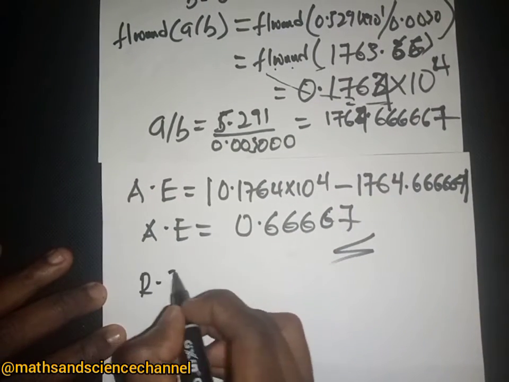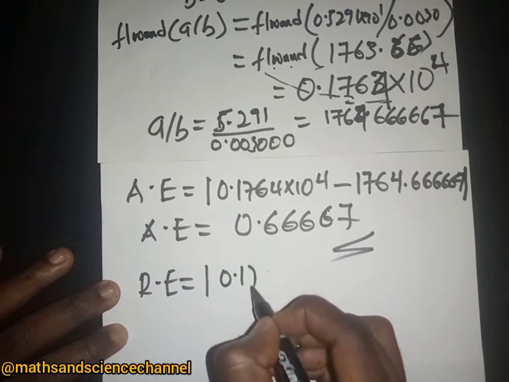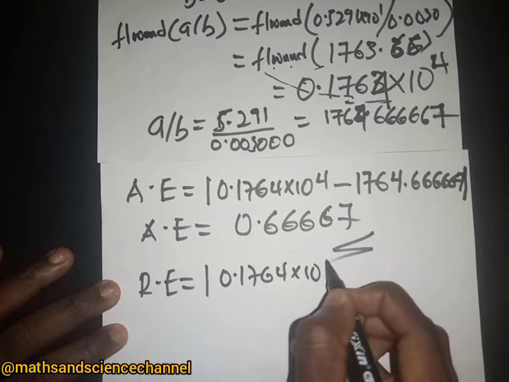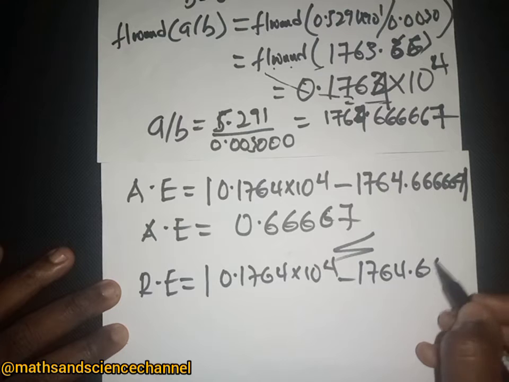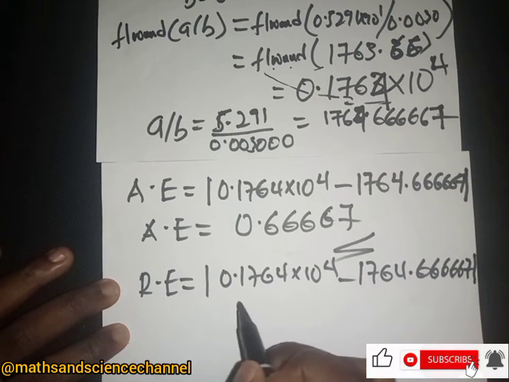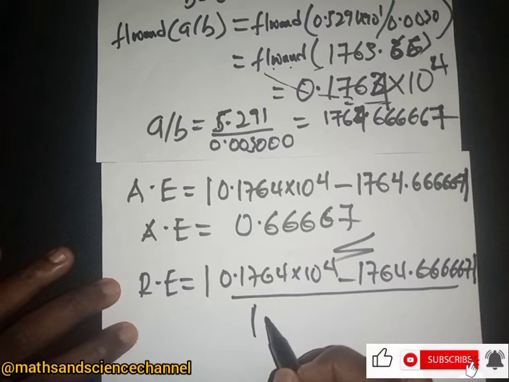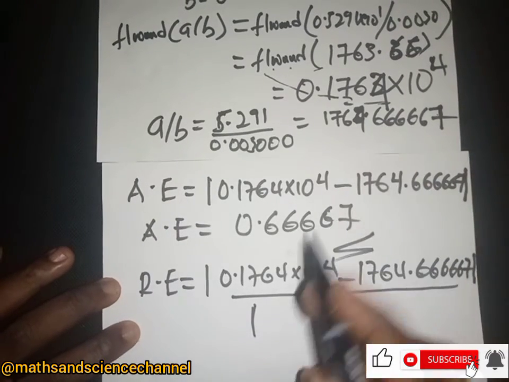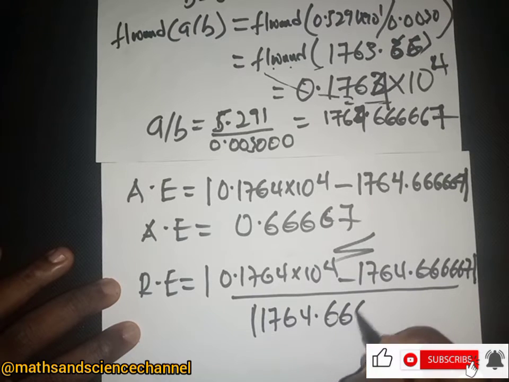What about the relative error? The relative error is also the floating round of that, 1764 minus 1764.66667, divided by the absolute of a divided by b, which is 1764.66667.